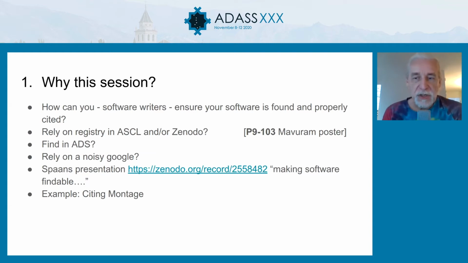But what we want to talk about today is the concept of how do we do this in the metadata, and what are the metadata. There is a link that I gave there by Spans that has a lot more background about making software findable, and it talks about these metadata. But we start with an example of how we can cite software, in an example in Montage.